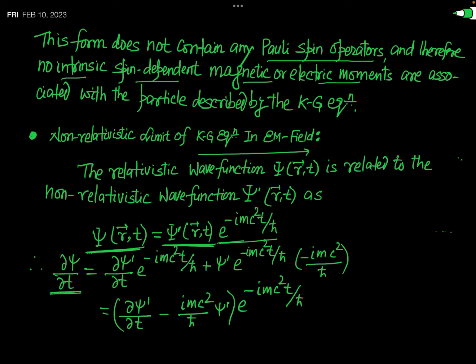Following the rule of differentiation of a product of two functions, first we differentiate psi prime, so this will be del psi prime by del t, and the second factor remains as it is, e to the power minus i m c squared t over h bar. Now we keep the first factor psi prime as it is, and we differentiate the second factor, e to the power minus i m c squared t over h bar.